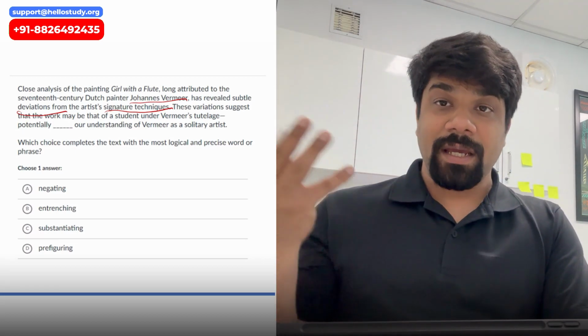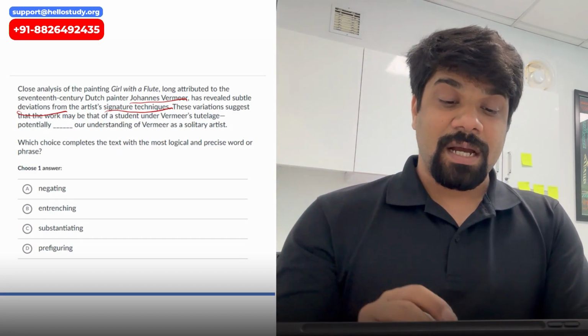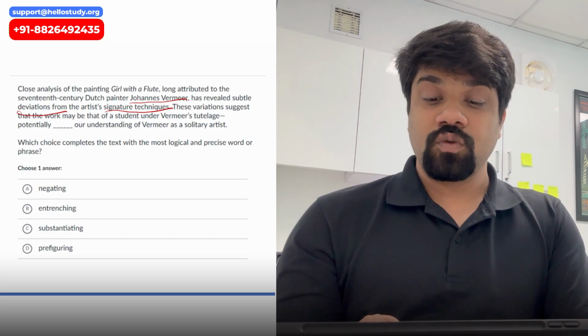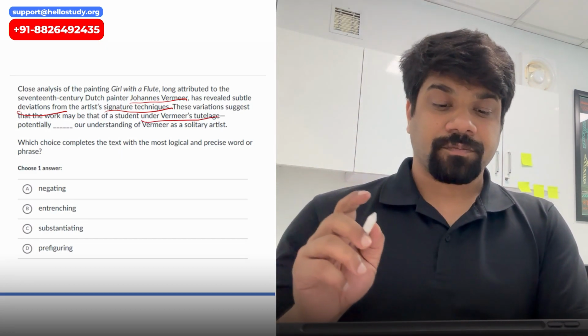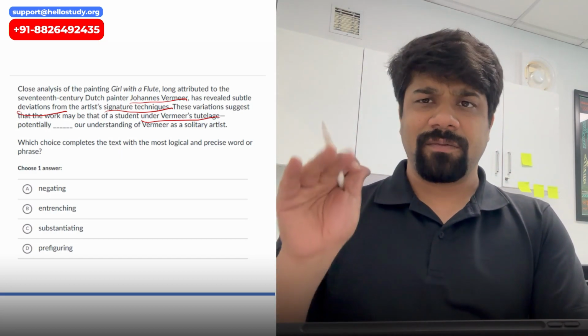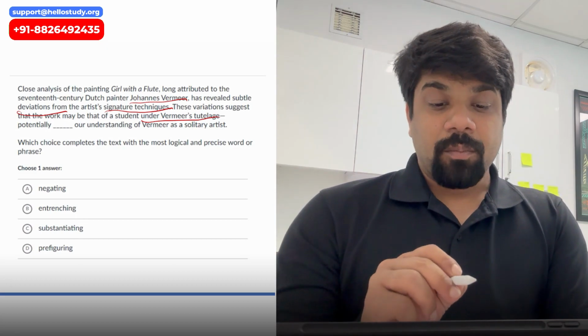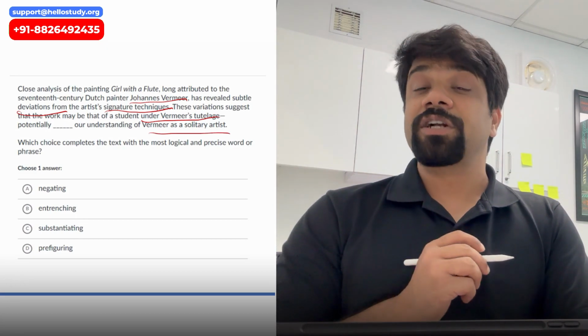These variations, now why are there deviations? These variations suggest that the work may be that of a student under Vermeer's tutelage. So this is where we have the reason that not Vermeer but his student might have painted the painting, potentially blanking our understanding of Vermeer as a solitary artist.